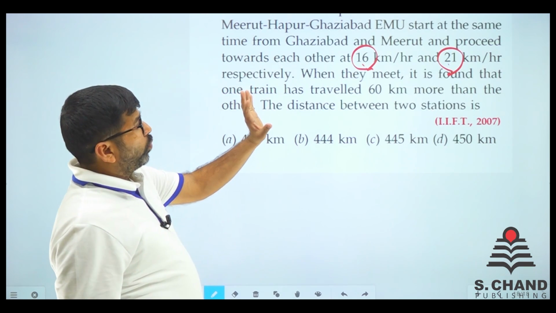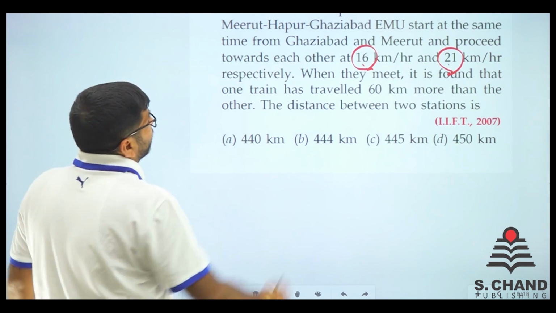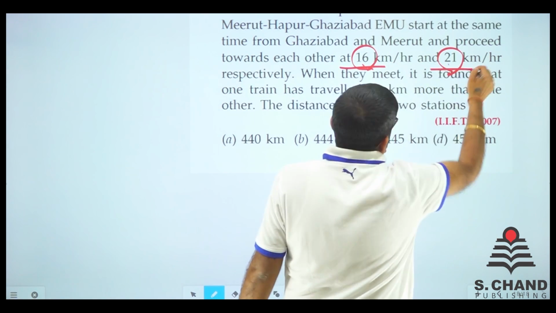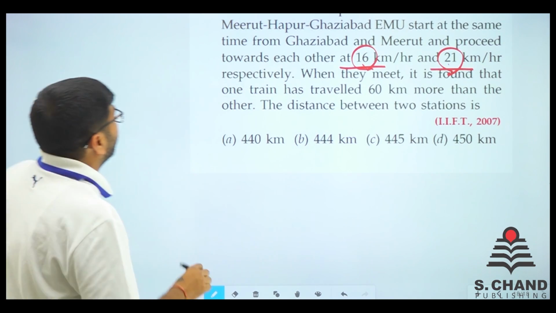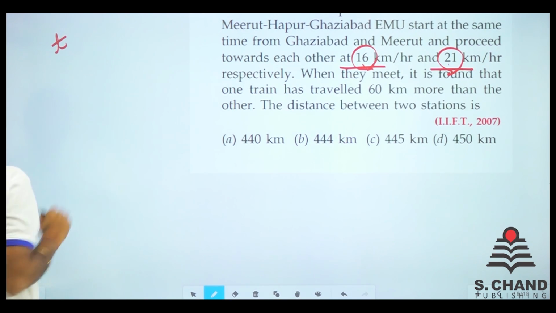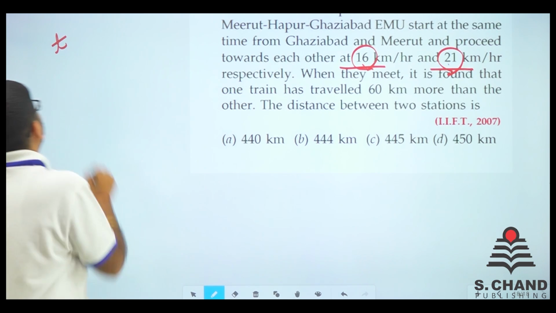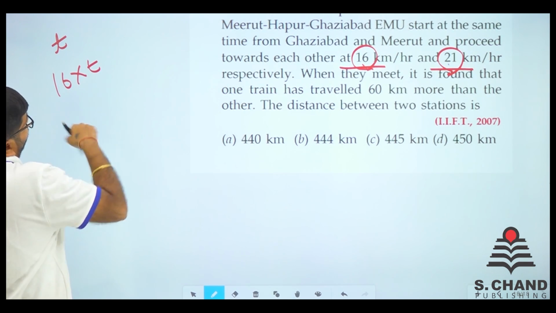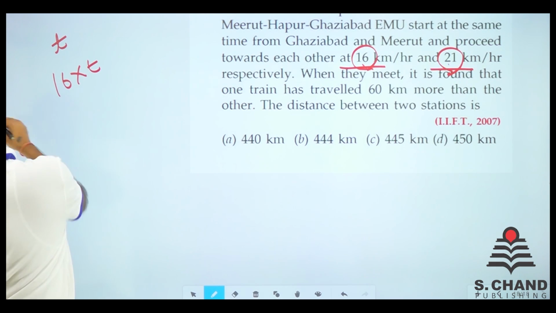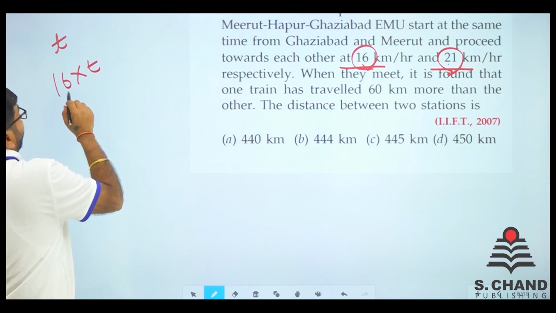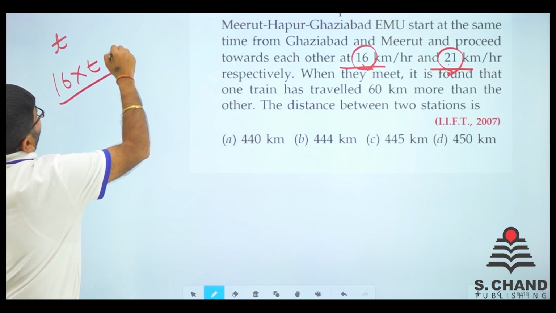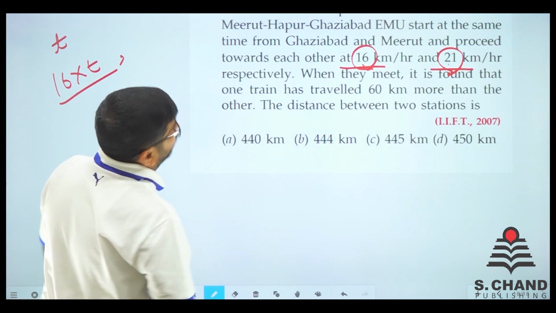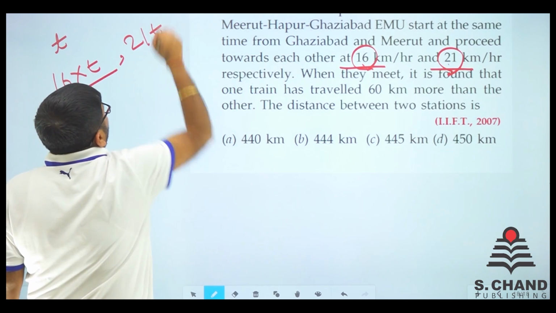See, we know it very well that this is speed and this is speed. Say for example, they meet after t hours, right? So the first train has travelled 16 into t. Speed is equal to distance upon time, and distance is equal to speed into time. So the first train has travelled 16 into t and the other train has travelled 21 into t, right?